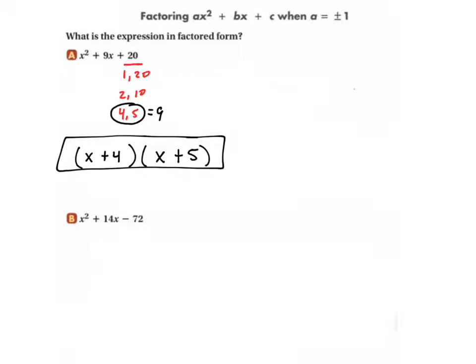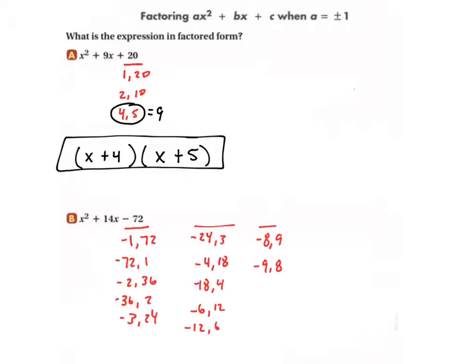Question 2, same idea. We're looking for the factors that multiply to be negative 72 but add to be 14. Since it's a negative 72, one value has to be positive, one has to be negative. And so we can list all of these out. So I can list out all of the factors of negative 72, and then I'm merely looking for the two that are going to add up to be a positive 14. Well, this doesn't work, doesn't work, doesn't work.